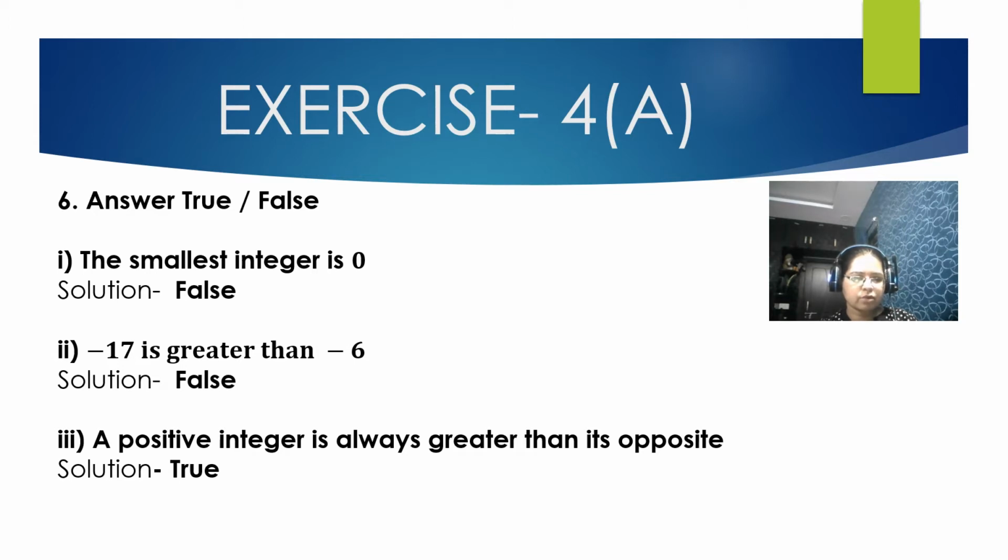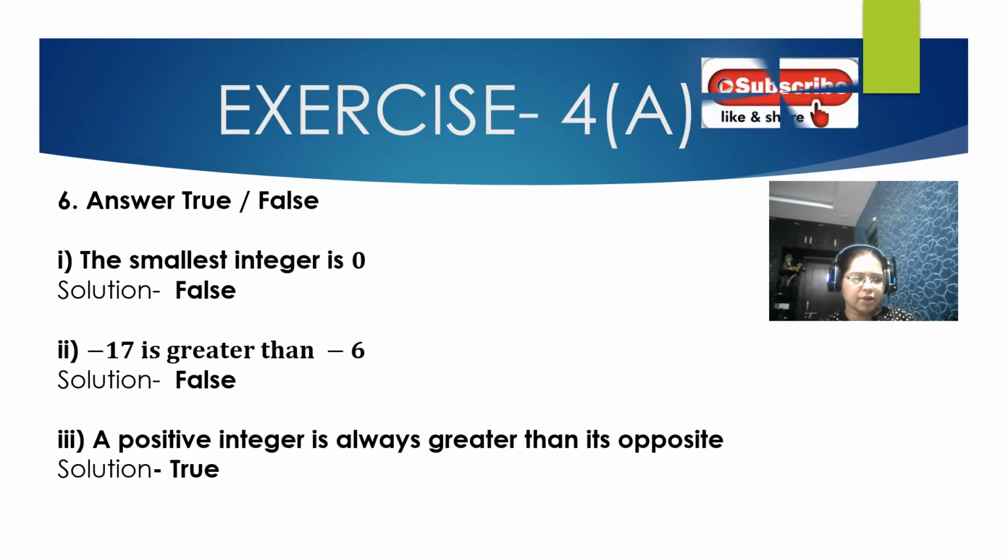Here the smallest integer is given as 0, which is not true, this is false. If whole number is replaced in integer, then it will be true.